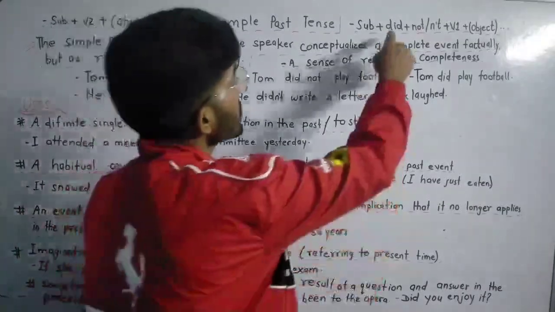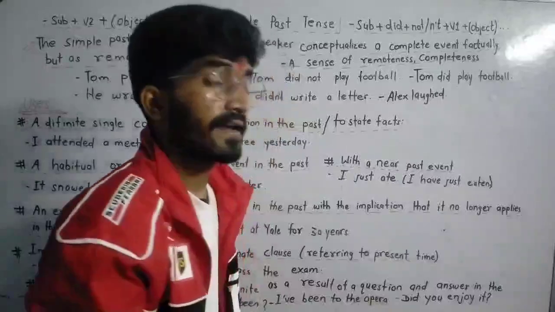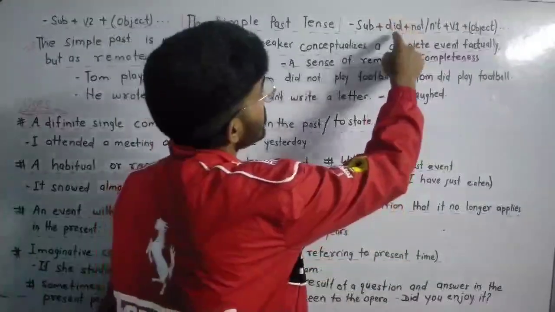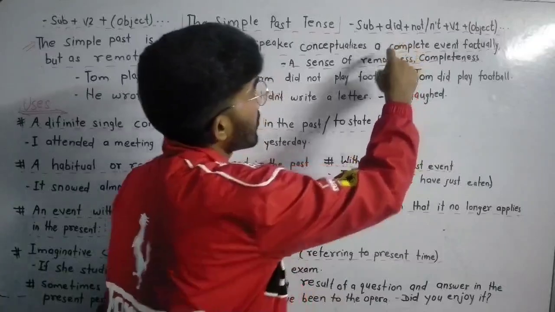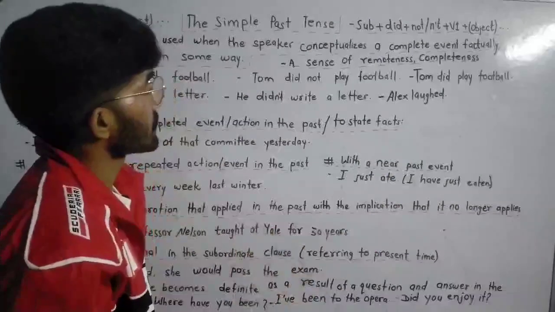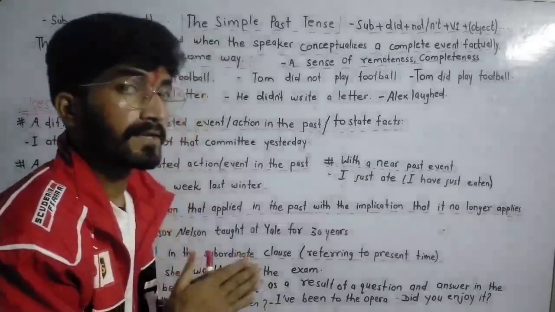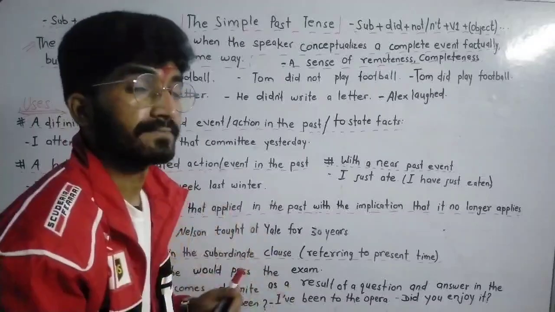We call it a helping verb because with the help of this verb did, plus not or n't, we change positive past simple sentences into negative.